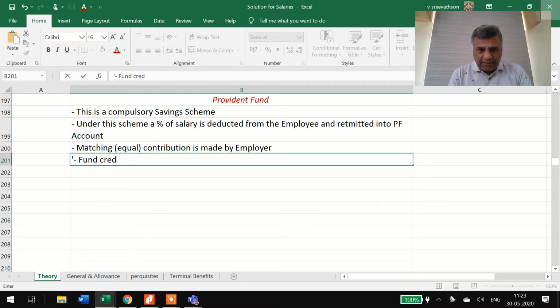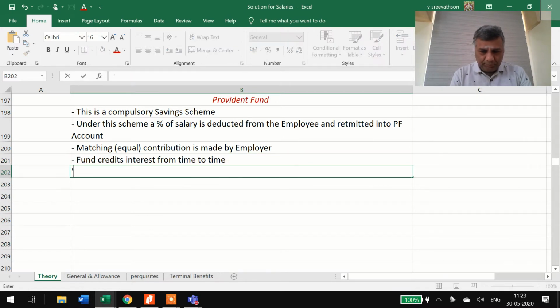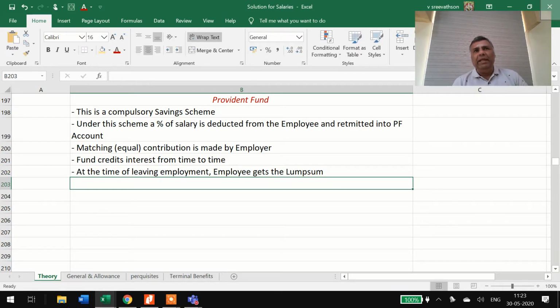Fund credits interest from time to time. At the time of leaving employment, employee gets the lump sum, my dear friends.